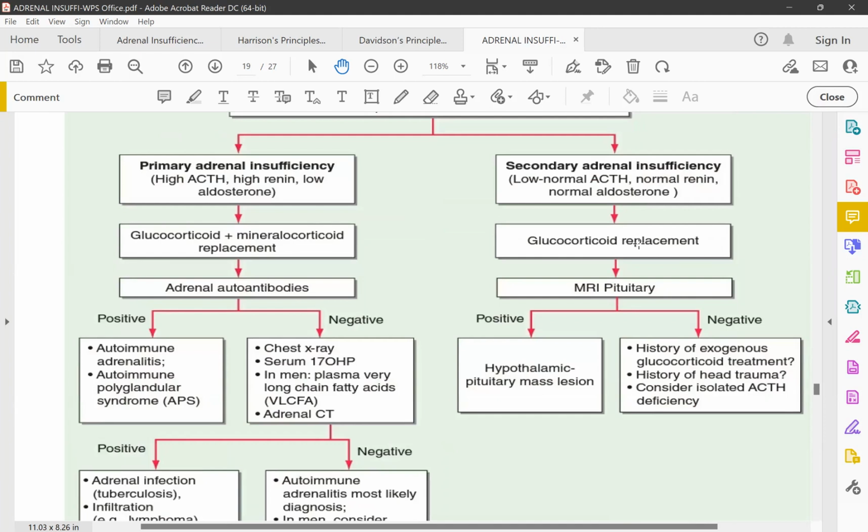We advise an MRI pituitary. If there is any tumor or lesion, it shows a hypothalamic and pituitary mass lesion. If there is no lesion in the MRI pituitary also, we consider the patient has taken exogenous glucocorticoid treatment. Also history of adrenal trauma, and consider isolated ACTH deficiency.